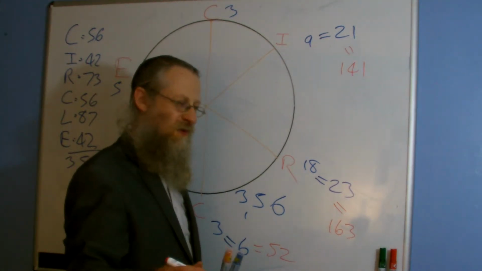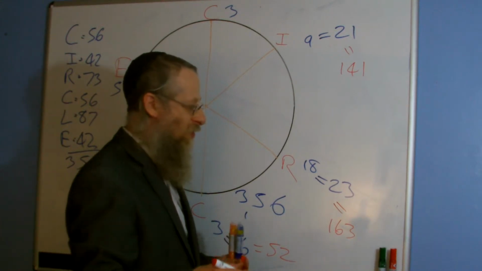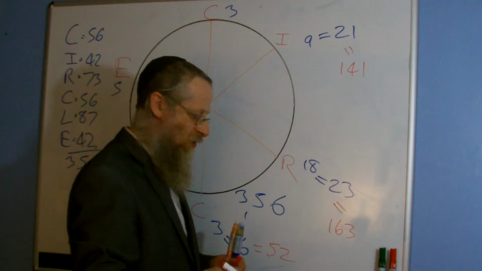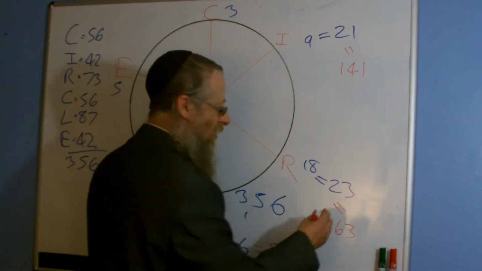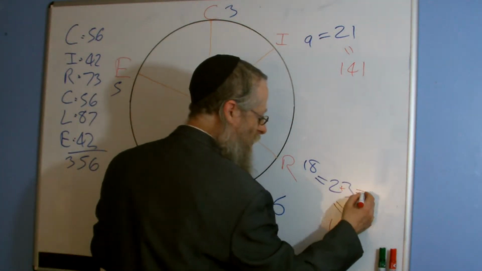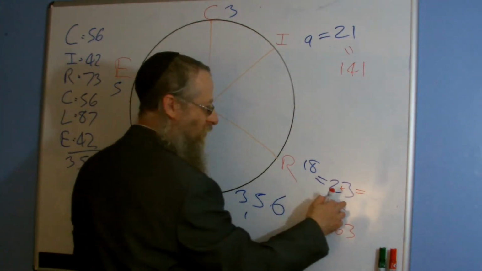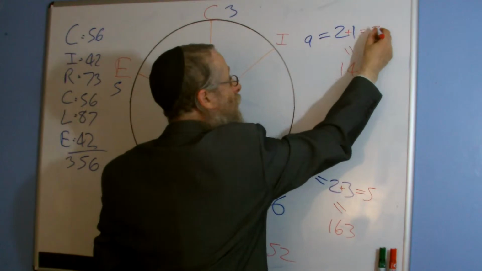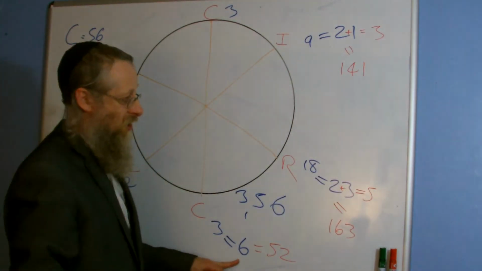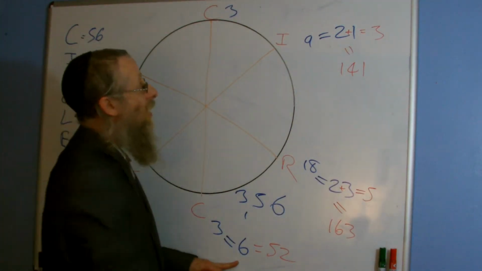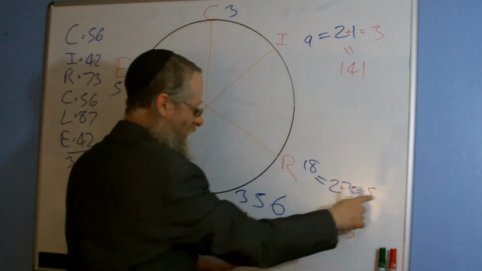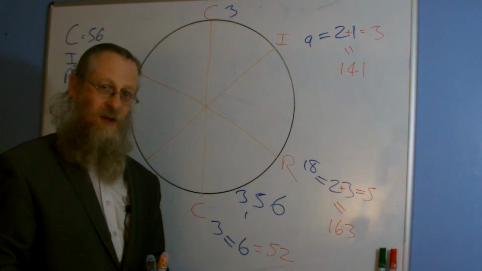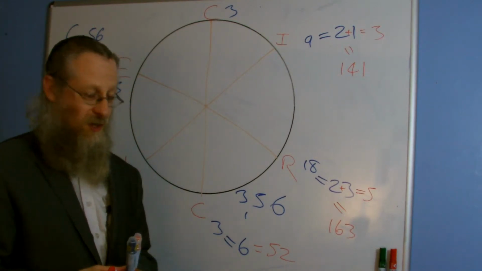I think I mentioned in my first lecture, it's also used in Hebrew gematria, and I use it on the odd occasion in English, especially when it gives you something so spectacular as this. 2 and 3 is 5, 2 and 1 is 3, and the 6 stays the 6. And I've got exactly the same number. I've got 3, 5, 6 again. And I've got that 3 times now. I've got 356 three times.